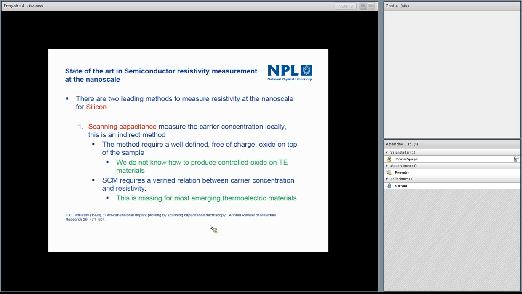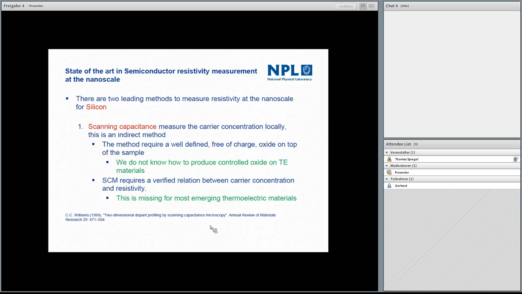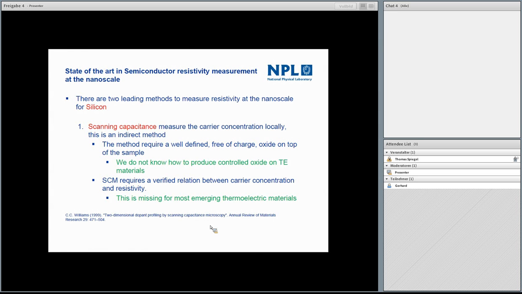So for resistivity measurement, there was a nice review by Bernd, who showed how it is done at the macro scale and how difficult it is already. Obviously, the nanoscale becomes even more difficult. But there are two techniques that people try to use to measure resistivity. One is scanning capacitance, where you measure a vibrating probe and the capacity.